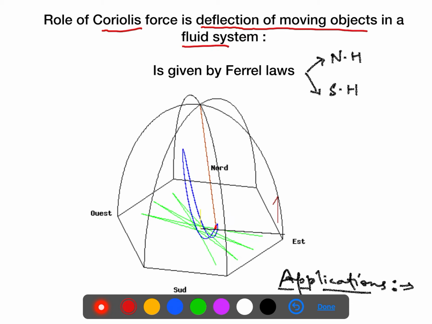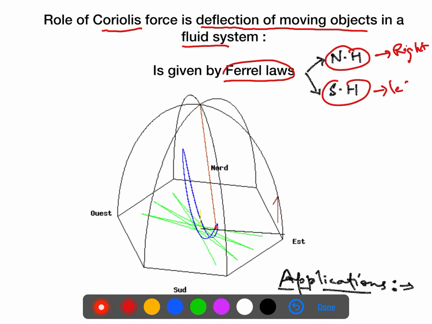Now, the direction of the Coriolis effect, or Ferrel's law, is towards the right in the northern hemisphere and towards the left in the southern hemisphere. The right and the left are observed with respect to the observer on the Earth. Suppose the observer is in the northern hemisphere, and this diagram represents the northern hemisphere, and a bob or pendulum is hanging, or the wind is moving, or any rocket is moving.